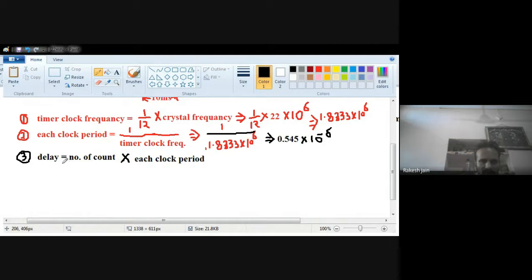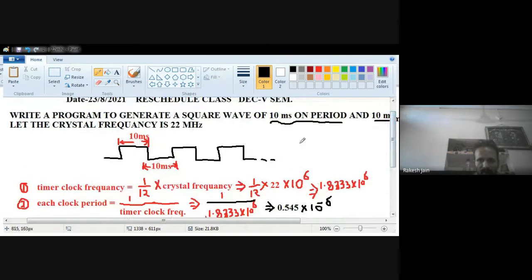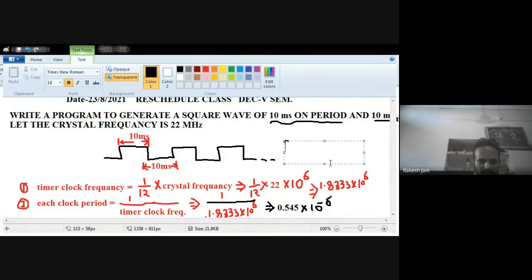So the delay is 10 millisecond. So 10 millisecond is what I just write down at the upper side. So it is given that delay is equal to 10 millisecond, that is 10 multiplied by 10 to power minus 3.